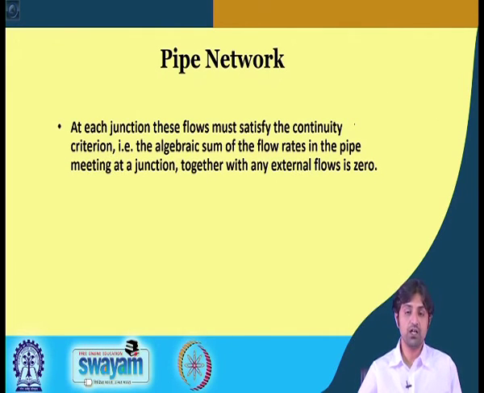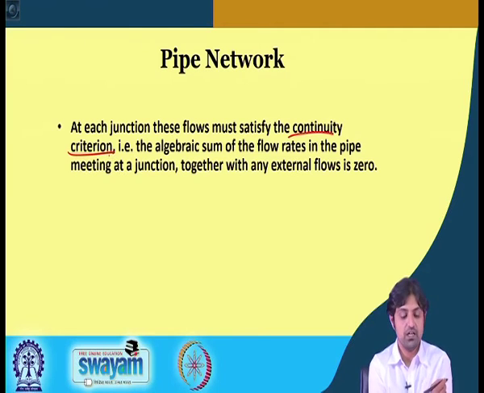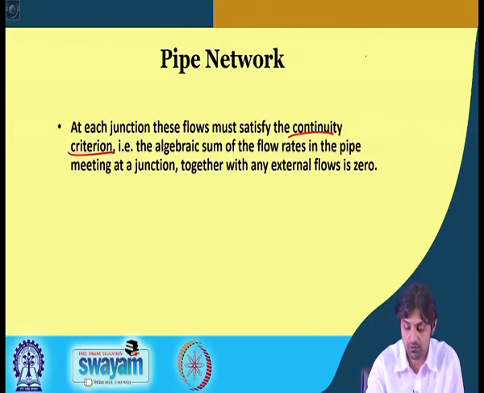So, what are the important points to remember in solving pipe networks using the Hardy-Cross method? At each junction the flow must satisfy the continuity criterion. What is this continuity criterion? The algebraic sum of the flow rates in the pipes meeting at a junction together with any external flows is 0. Suppose this is a node, right?